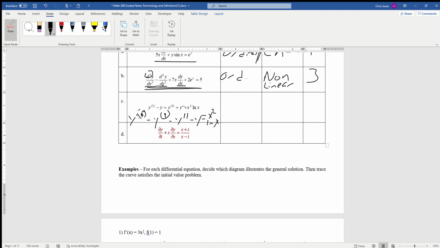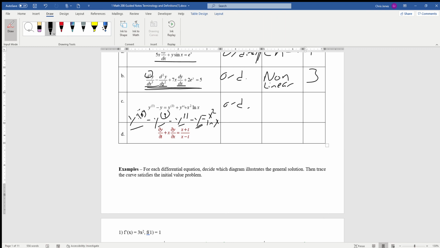So is it ordinary or is it partial? And again, this is ordinary because it contains a type of derivative that we've seen before in Calc 1, Calc 2, physics, etc. Is it linear? So I look down the line. I have the fifth derivative, third derivative, second derivative, and I just have a y.